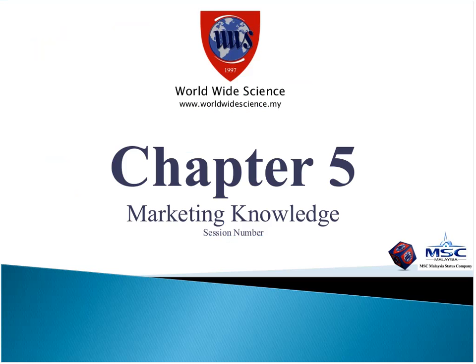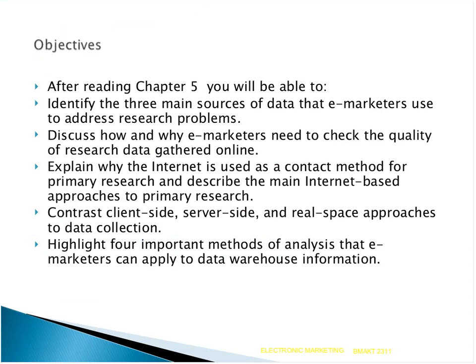Chapter 5, Marketing Knowledge. This chapter will be more or less about how different companies over internet marketing can collect the information that they need for approaching their customers. These are the objectives as usual. After reading chapter 5, you will be able to answer these questions.